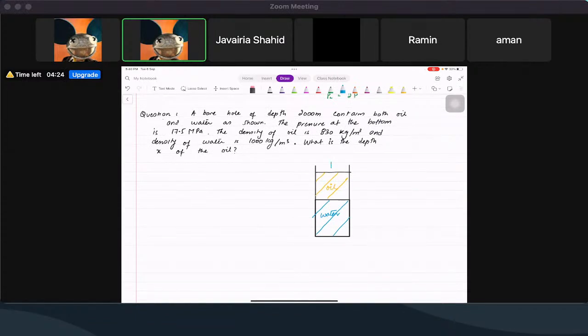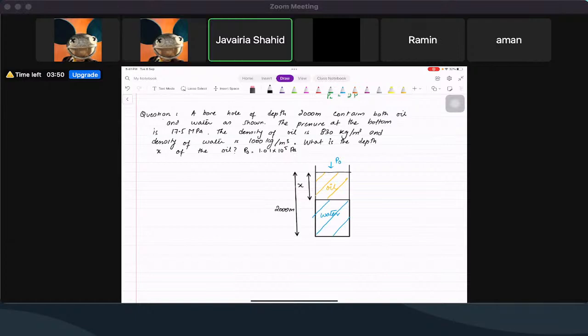And there is an atmospheric pressure acting, and they have also given the value of atmospheric pressure, which is 1.01 times 10 raised to 5 pascals. Now they have said that this depth is x that we need to find, and the total depth here is 2000 meters. Now try this question, please.